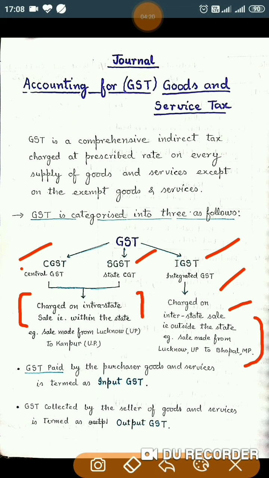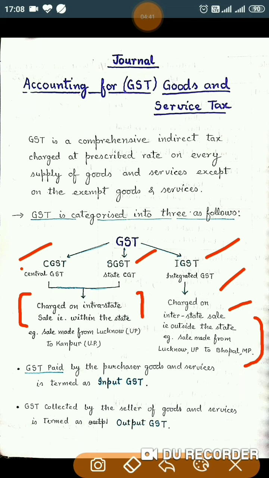So whenever there is an intra-state transaction, then CGST and SGST will be charged. And when there is a transaction between two states, then IGST will be charged, Integrated GST.